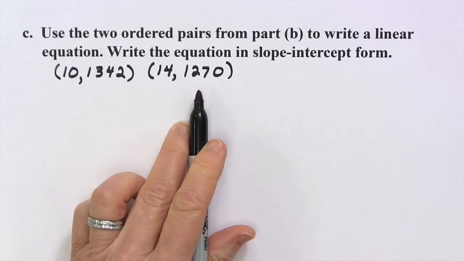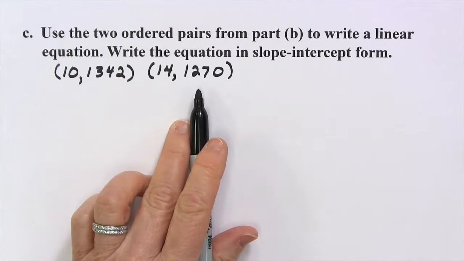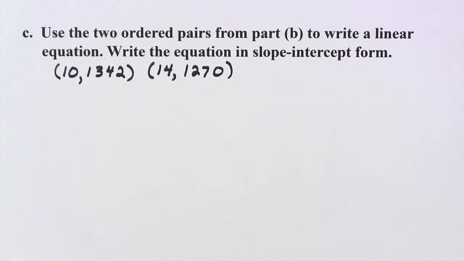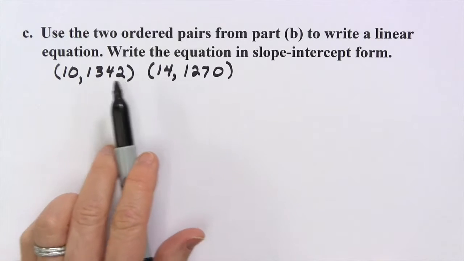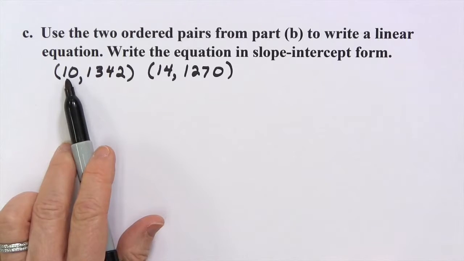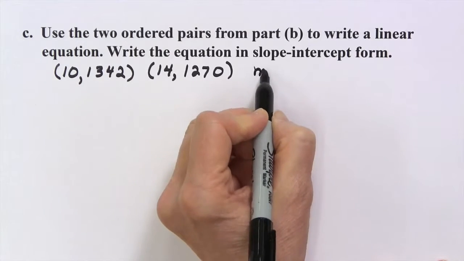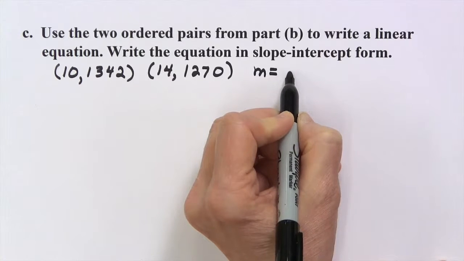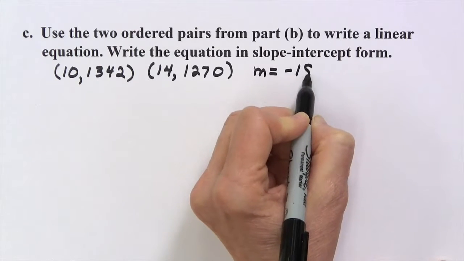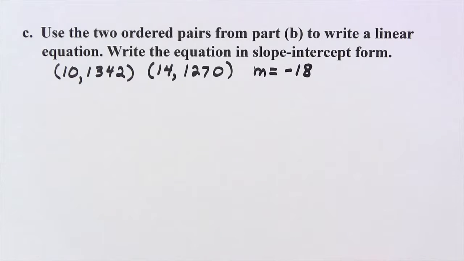Now, this line will still have a slope of what? It will still have a slope of negative 18 because in the denominator, 14 minus 10 is still 4. The slope, you can check it, but it's negative 18 over 1, or simply negative 18.